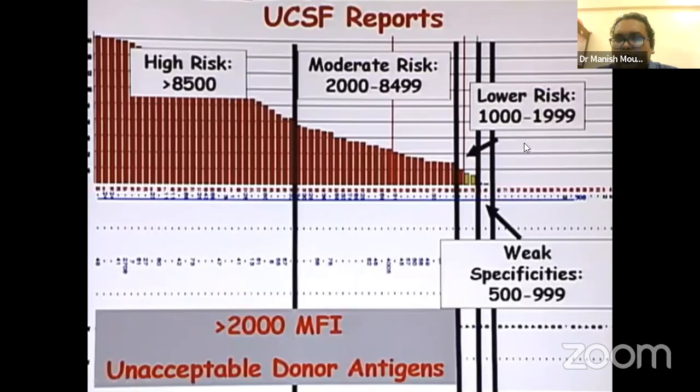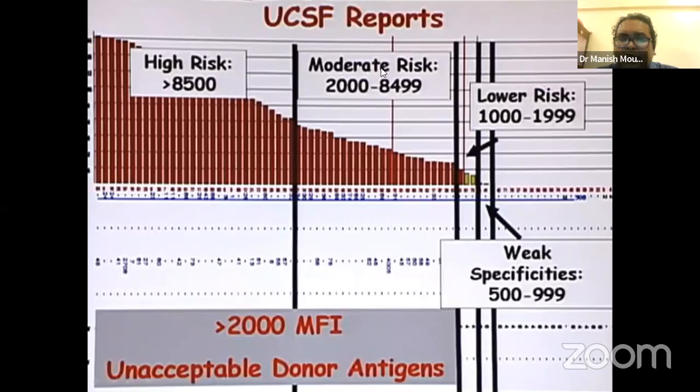From 1,000 to 2,000 and above, the single antigen starts reflecting positive antibody against the donor, or DSA positive. This 2000 to 8000 is flow positive. Flow positive can come in this region.